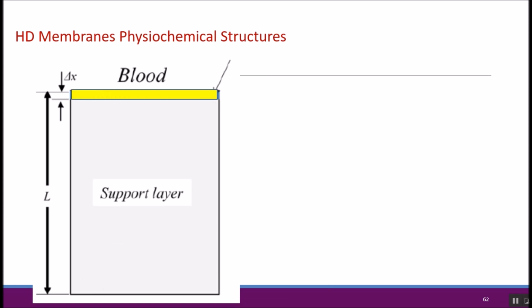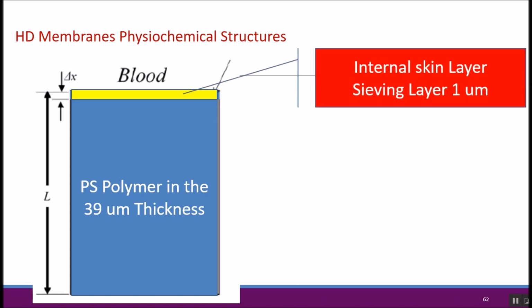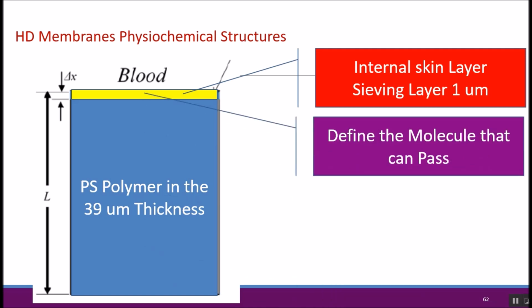This diagram shows the blood membrane interaction and contact, and this is the skin layer or the sieving layer of the membrane, while the remaining part of the fiber thickness is the backbone. The internal skin layer, the sieving layer, is only 1 micron, while the rest is the backbone of the polysulfone membrane.